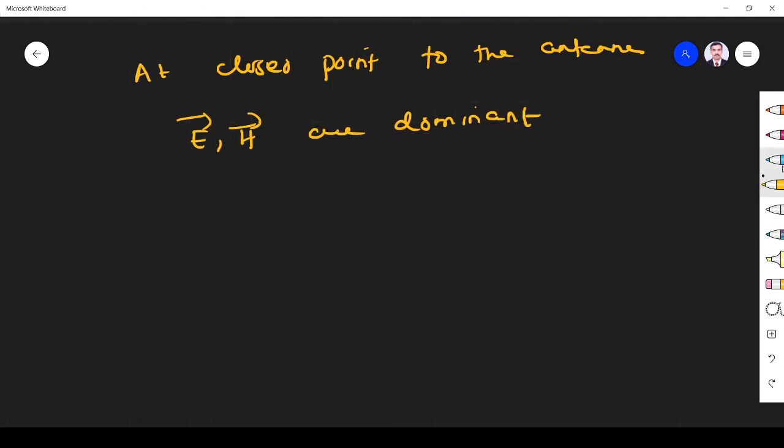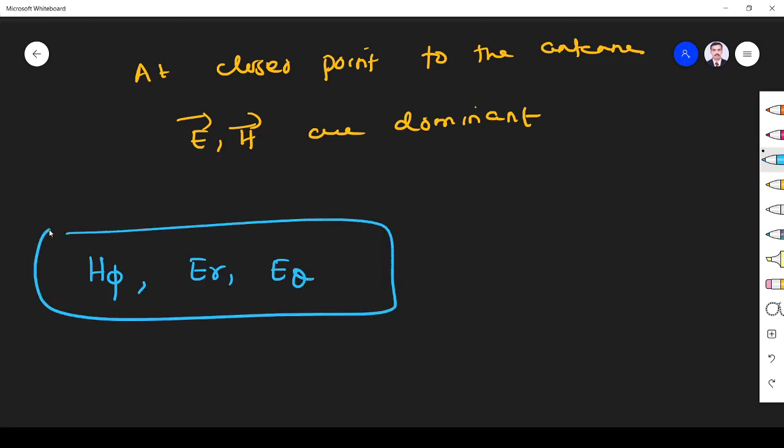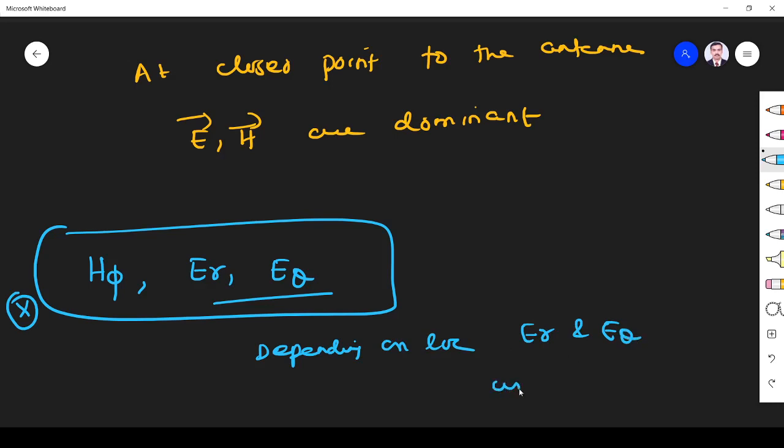So a Hertzian dipole will produce a magnetic field which has only the phi component, and E has two components, ER and E theta. This is another important point in Hertzian dipole. Depending on location, ER and E theta will change. This is another important point we must know.